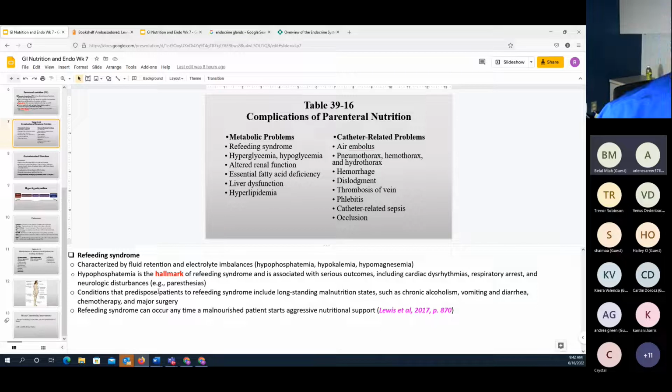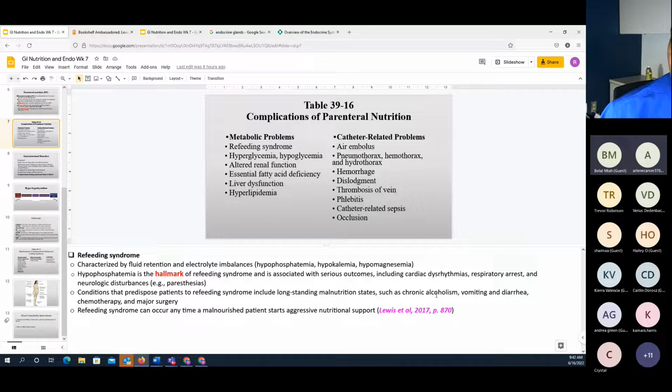Check this one out. Conditions that predispose patients to refeeding syndrome include long-standing malnutrition states. If a patient has been malnourished for a long period of time, then when you give the patient TPN, they can develop refeeding syndrome.